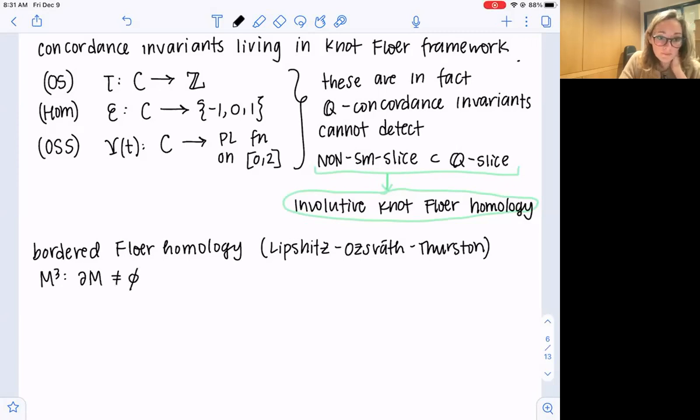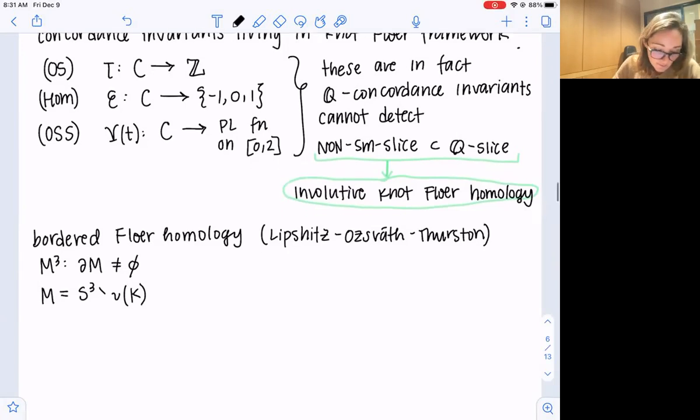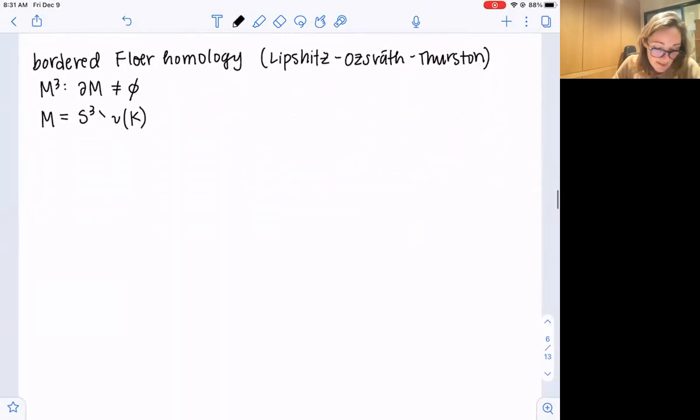We'll restrict to thinking about 3-manifolds that arise as link or knot complements. So in particular, we'll restrict to thinking about torus boundaries. This is the simplest version of this theory and all we need for what we're trying to do.